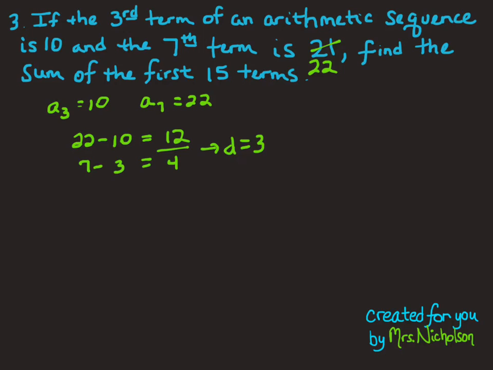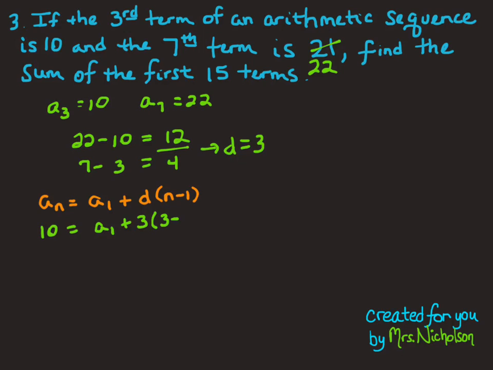So then, since I have the third term, the first term is pretty easy to figure out. You could just count backwards, but I'm going to go ahead and use the formula to figure it out. Let me change colors here. I'm going to write the formula down. And I'm going to use this third term. It's equal to 10. A sub 1 is what we don't know. But I do know that my common difference is 3.